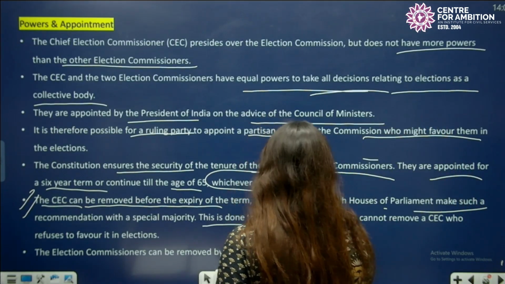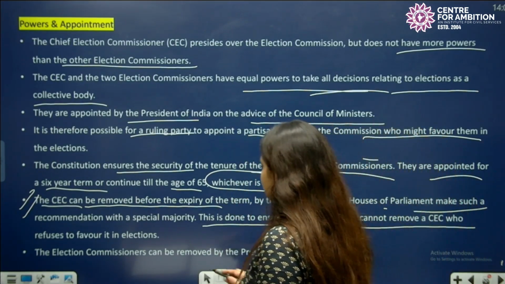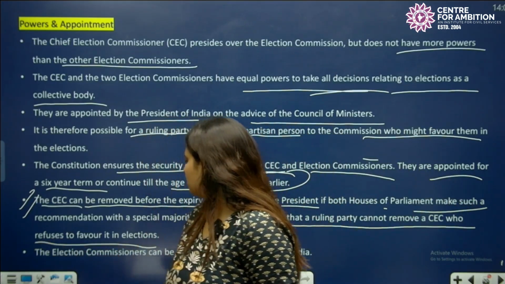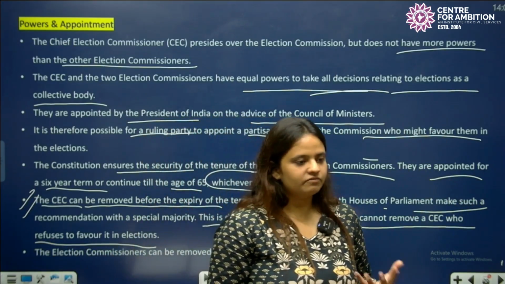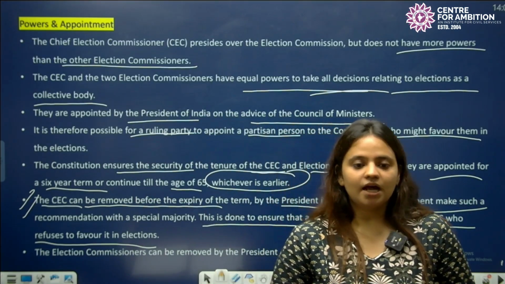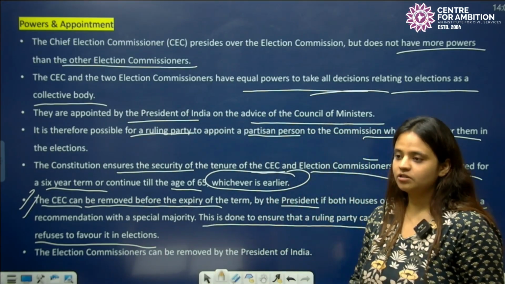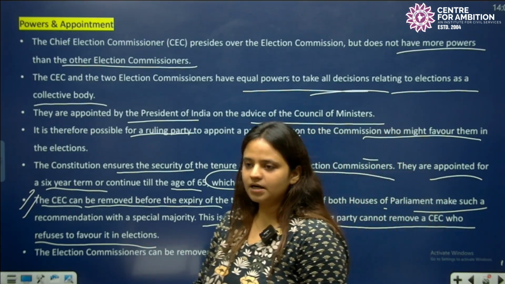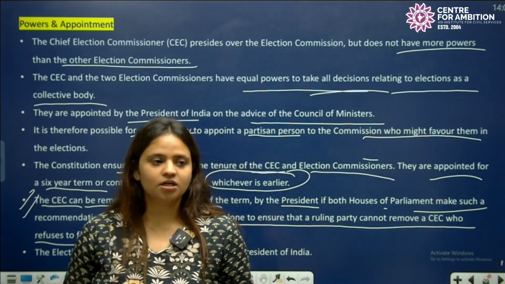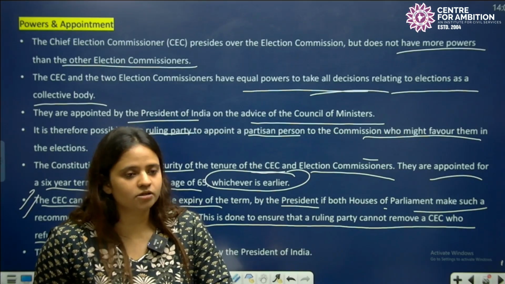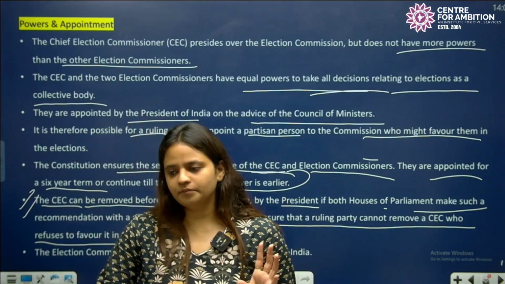So this is done to ensure that a ruling party cannot remove a CEC who refuses to favor it in elections. So what we have seen is that there was a debate that in appointing the election commission there could be favoritism, because the ruling party is also involved in appointing the election commissioners. Okay, so there could be a little favoritism.